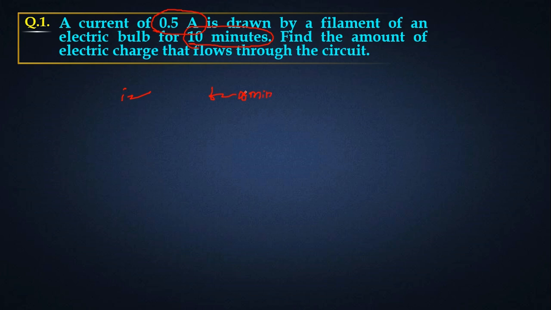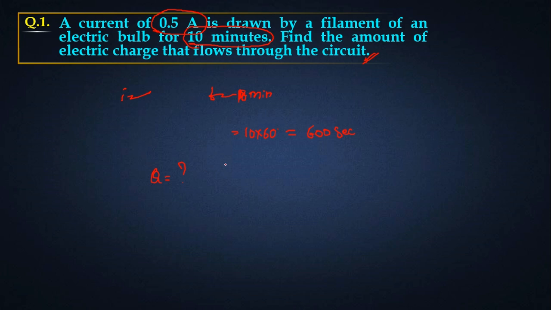T is also given, 10 minutes. So we should not write in terms of minutes. We have to write in terms of seconds. So 10 into 60, that is equal to 600 seconds. Is it right? Find the amount of electric charge that flows through the circuit. Electric charge Q is equal to question mark.